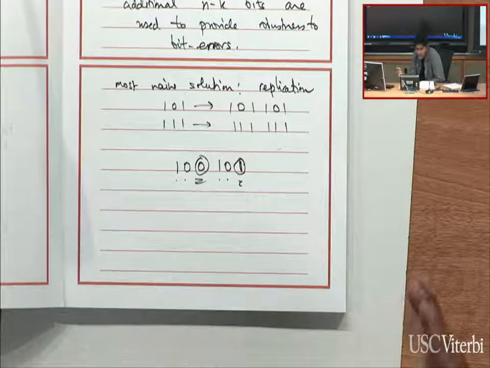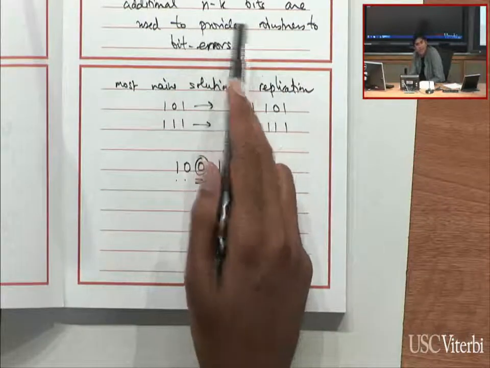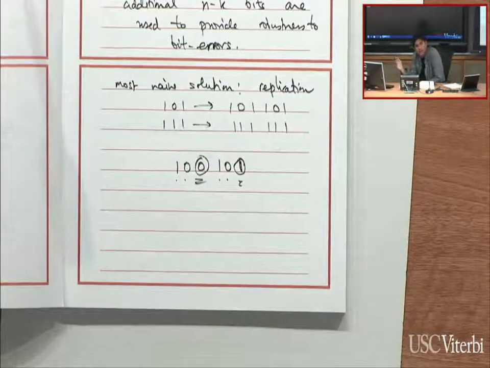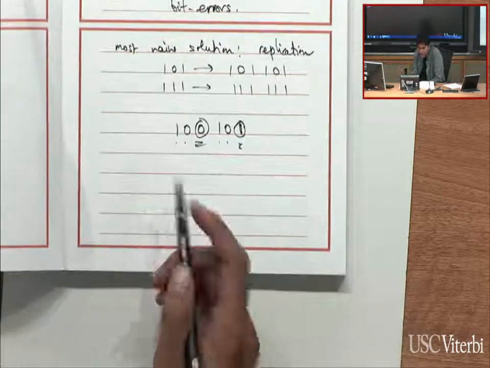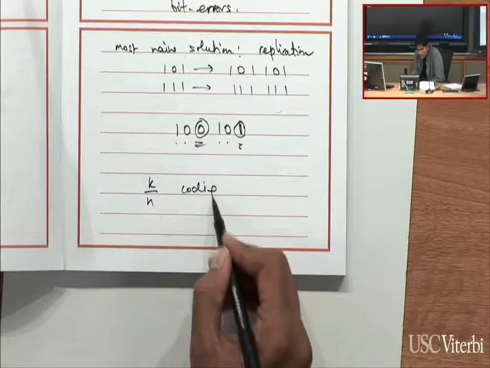And I won't get very deep into it other than to say that intuitively you can imagine that the more bits you're willing to add in your encoding, the stronger the property would be. So this ratio k over n is sometimes called the coding rate.